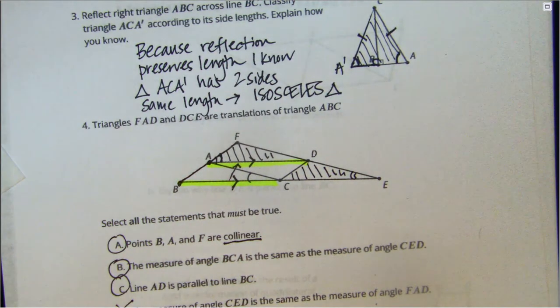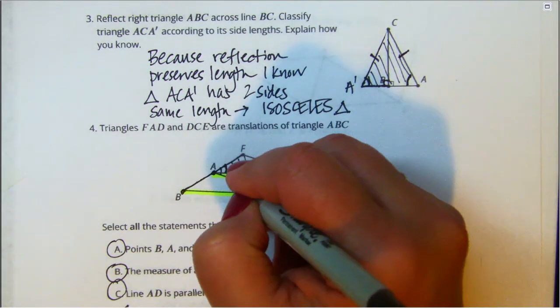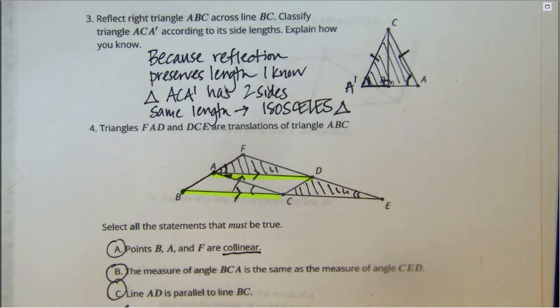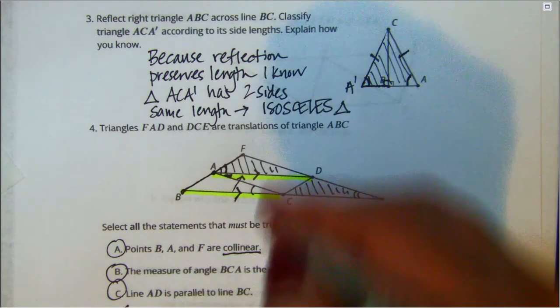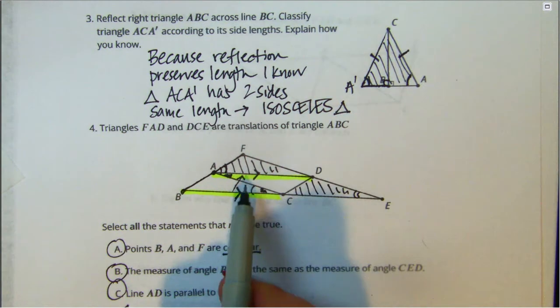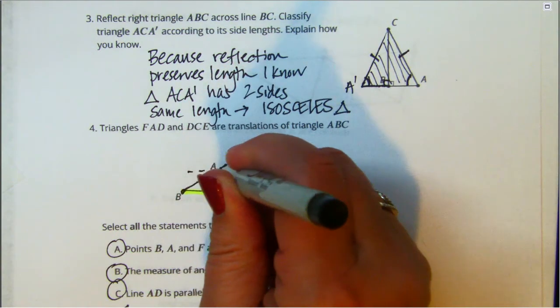The measure of angle DAC, that's this measure right here, is the same as BCA, which is this one right here. Now this one's a little bit harder to see, but do you see how I've highlighted these two parallel lines? I'm going to lengthen them.